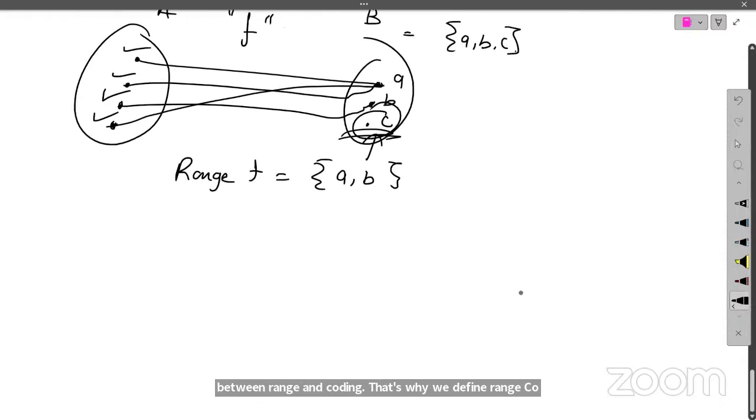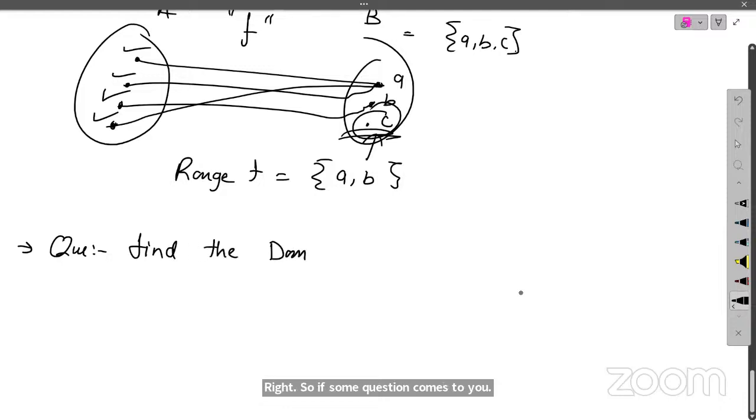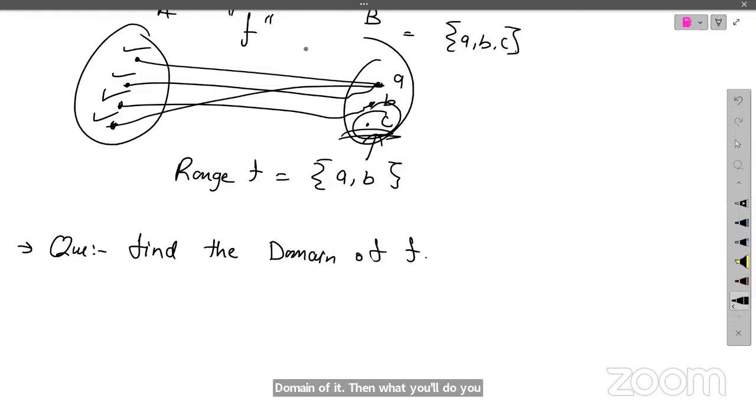Now there is one thing I have to mention. Suppose a function is given to you and someone asks you to find the domain of that particular function. If some question comes to you to find the domain of f, then you have to find all those elements which are eligible for your input.